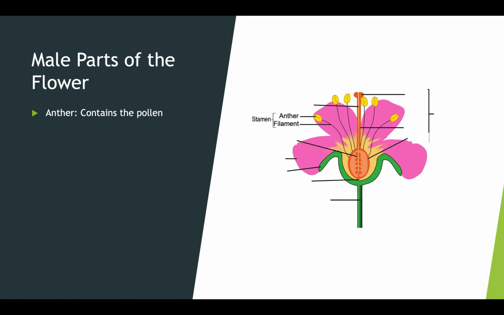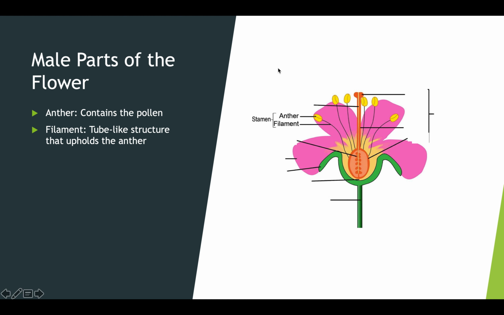The anther is what contains the pollen. You can see the anther as this yellow form, and that is because it has the pollen, which makes it yellow. It's held onto the filament, which is a tube-like structure that all it serves to do is to hold the anther. And the function of the male parts of the flower are simply to spread pollen, to be able to fertilize eggs.